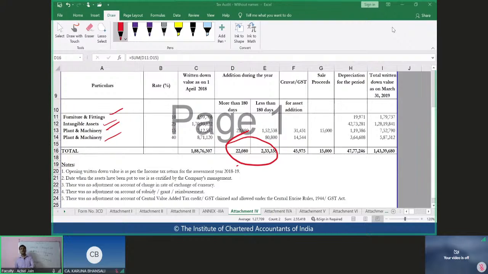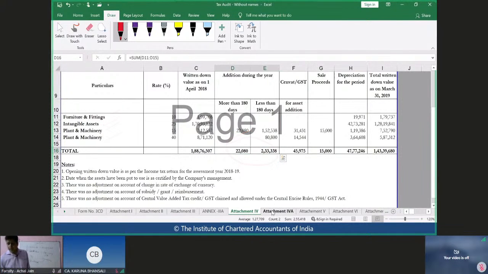So to put that down in the form of Form 3CD will be again an exercise in case the management doesn't have the proper records, and will be a bigger exercise for the auditor to audit, because all of them will have to be put down in the right shape.